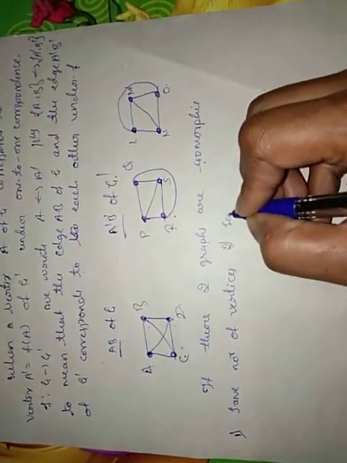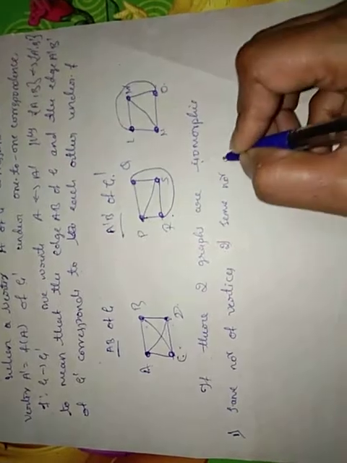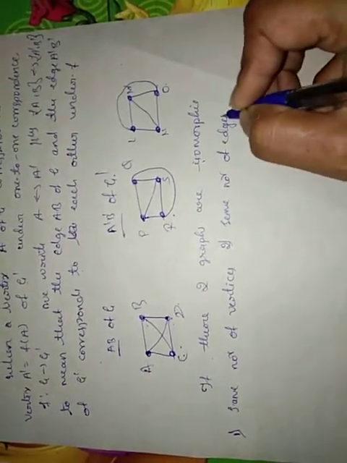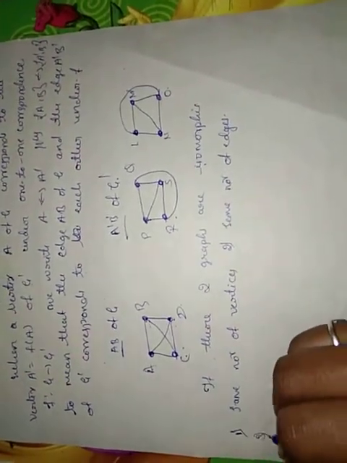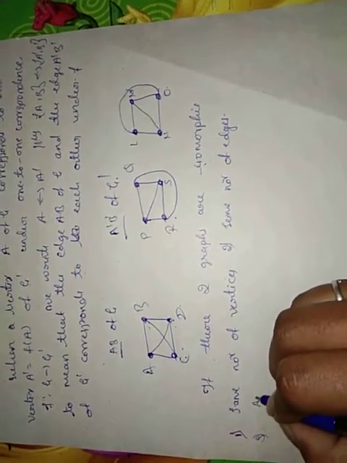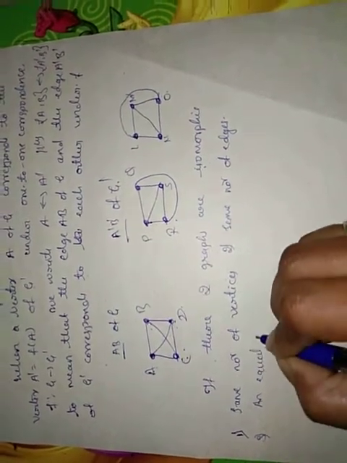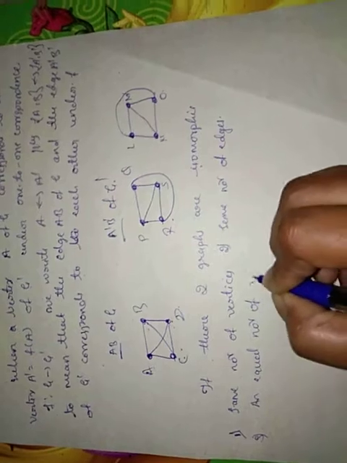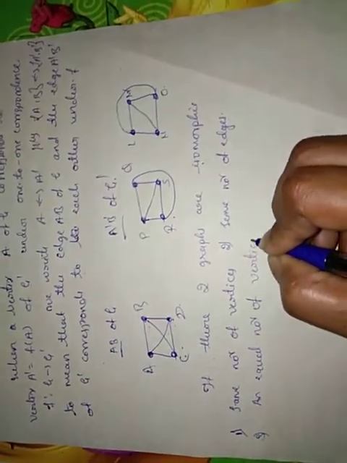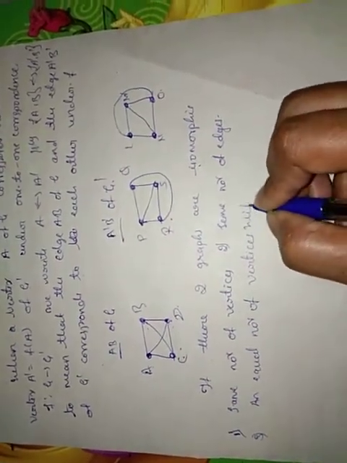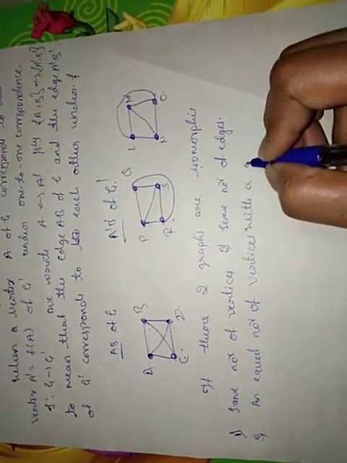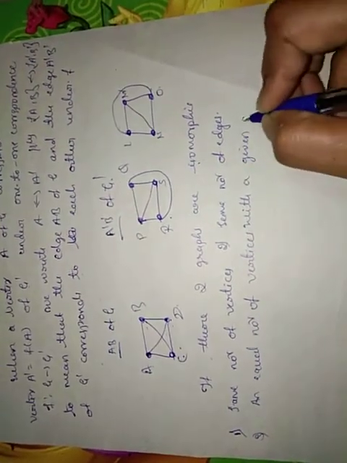Second, the same number of edges. And third, an equal number of vertices with a given degree.